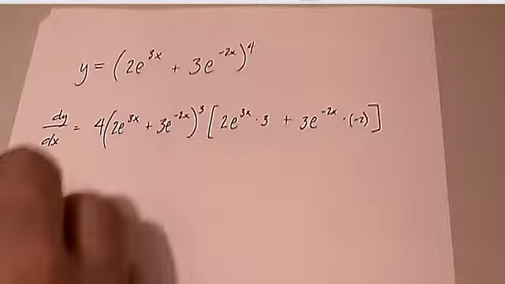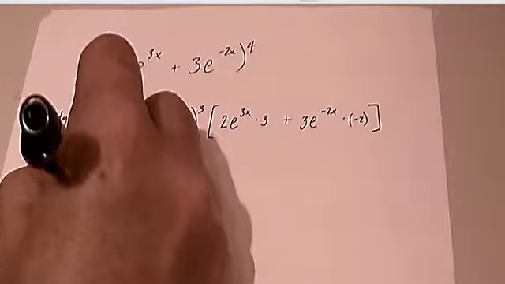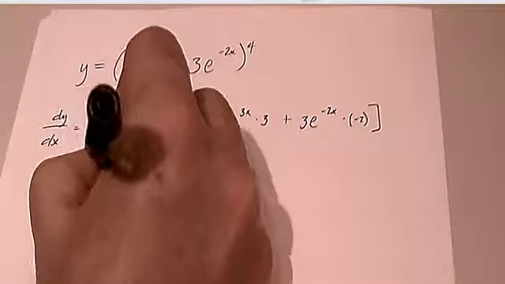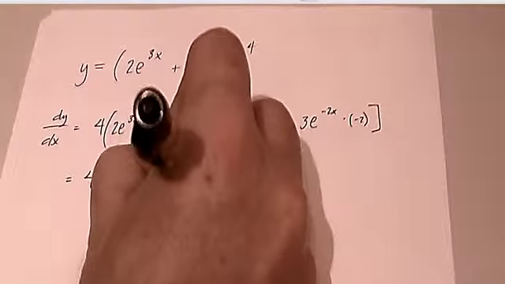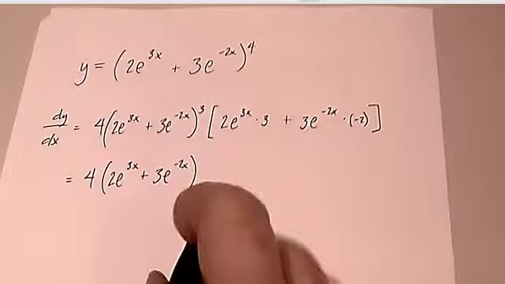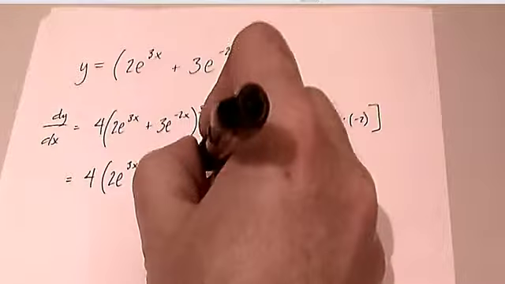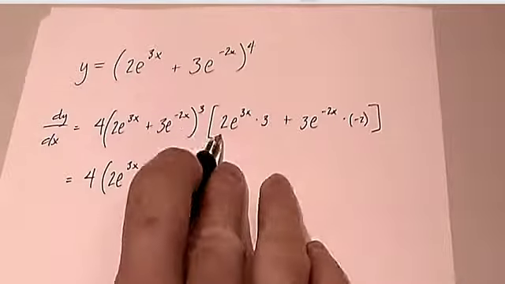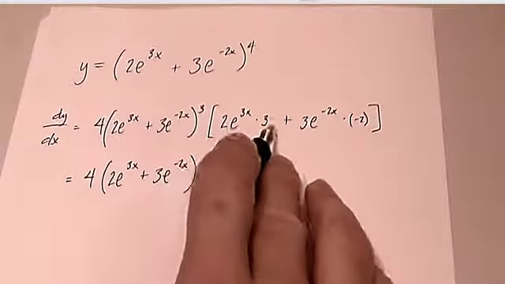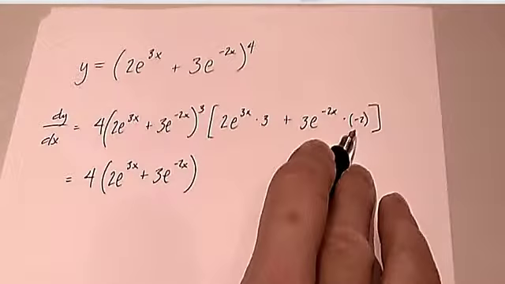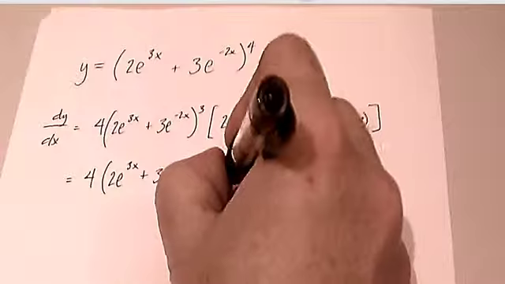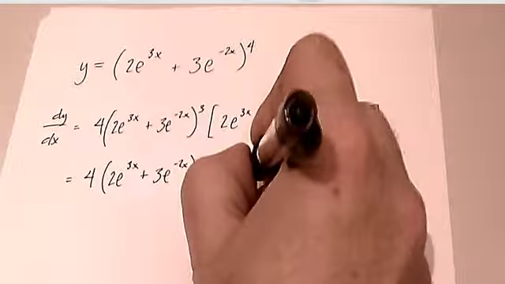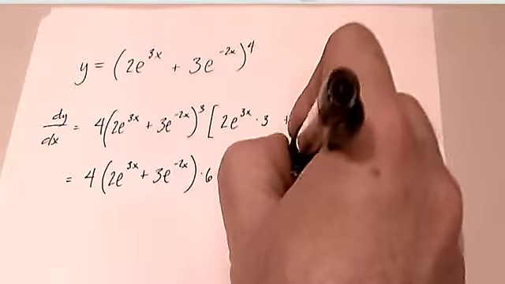Now, that winds up being 4 (2e to the 3x plus 3e to the negative 2x). And you could probably factor out a 6 right here because the numerical factors of this term are going to be 6. The numerical factors of this term are going to be negative 6. So you can multiply by 6 (e to the 3x minus e to the negative 2x).